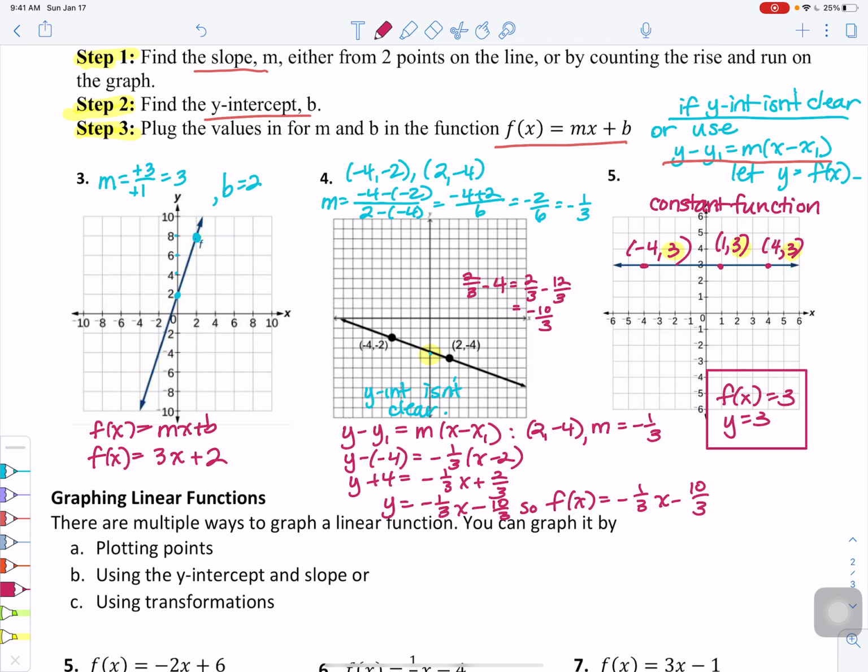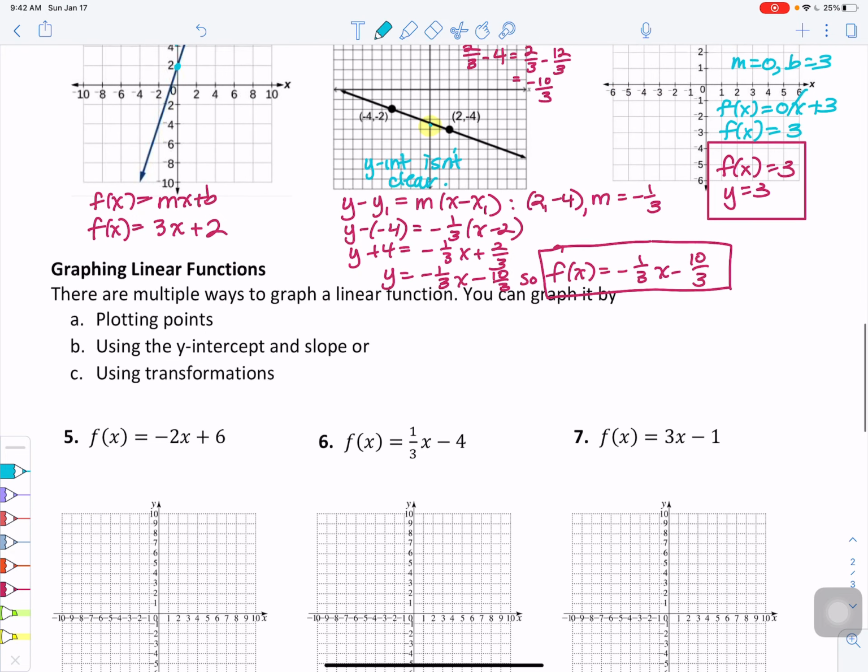It's really important to notice things like that and put words to that, so it's easier to identify. If you wanted to do it the other way, you could say the slope is 0 and the y-intercept is 3. So f of x equals 0x plus 3, so f of x equals 3.